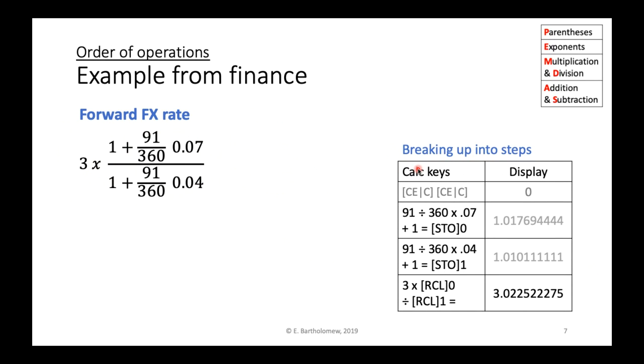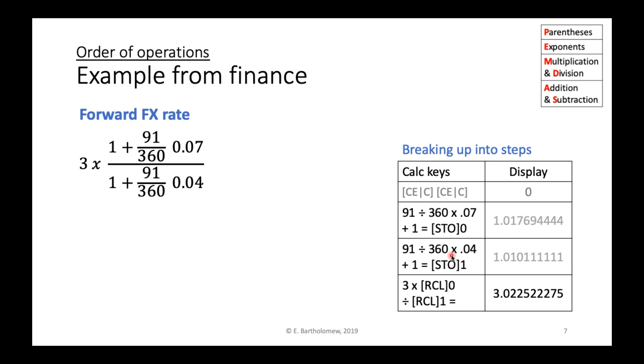Now, we could do this by breaking it up into steps on our calculator. So let's again clear. We could enter 91 divided by 360 times 0.07, and then add the 1 to it, equals, and you'll see that. And let's store that in memory. So if we hit the store key and 0, this will be stored in the 0 register. So that represents this expression on the top.